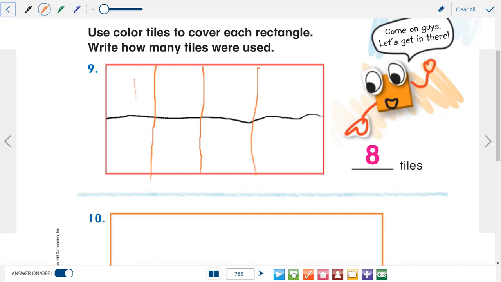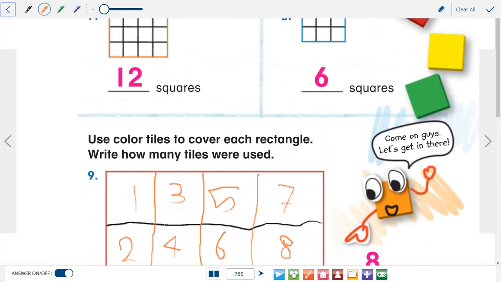So how many tiles? 1, 2, 3, 4, okay, 5, 6, 7, 8, okay. They asked about tiles again because I wanted to give you pieces like this to play with.